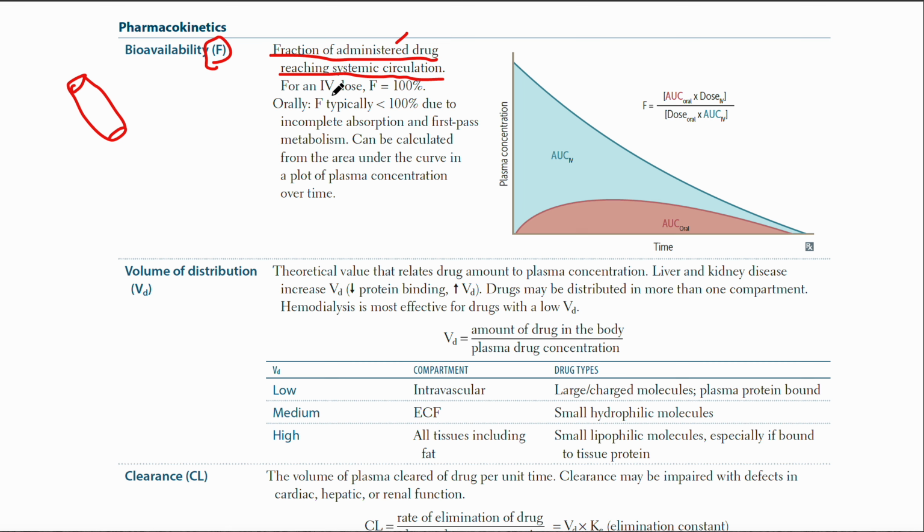So for an IV dose, F is 100%, because in intravenous doses, you inject the drug directly into the veins. The vein is a blood vascular compartment, so bioavailability is 100%. But in oral cases, bioavailability decreases typically due to incomplete absorption from the GIT and first pass metabolism.